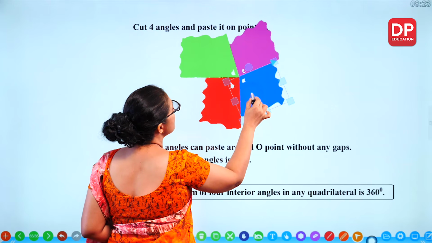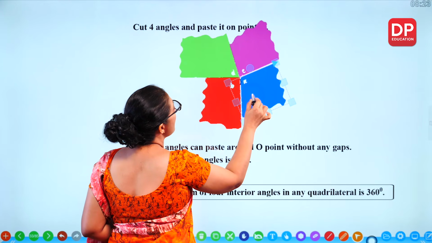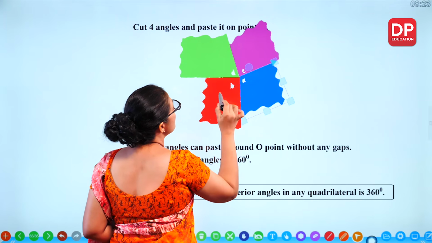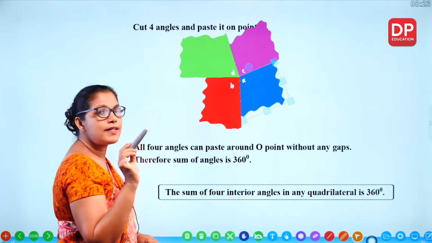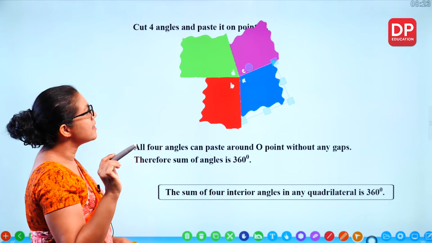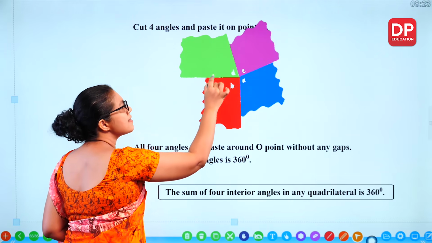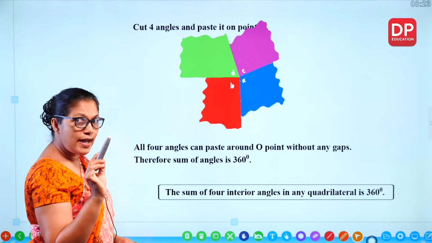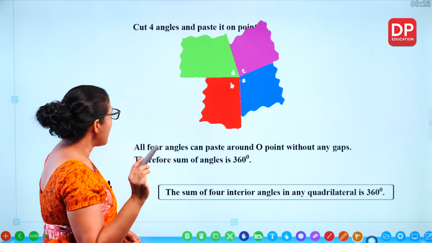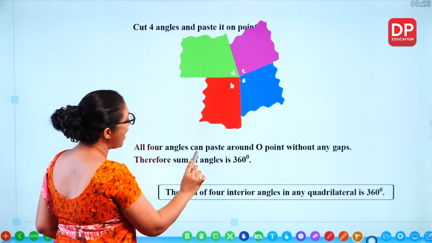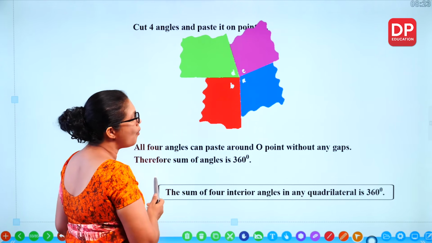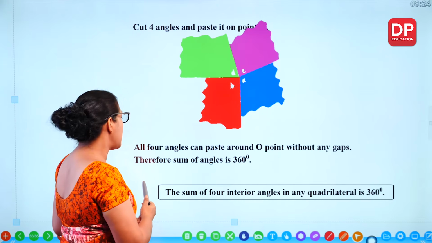So what happens? There are no gaps or overlaps. So it exactly fits around a point. So we know that the angle sum around a point is 360. So all four angles can be pasted around point O without any gaps.